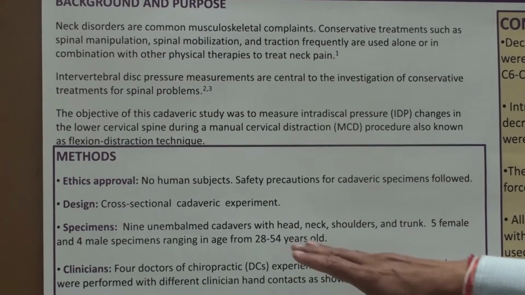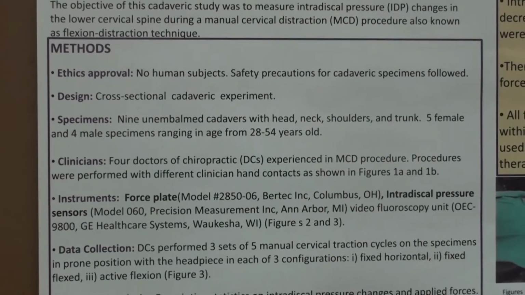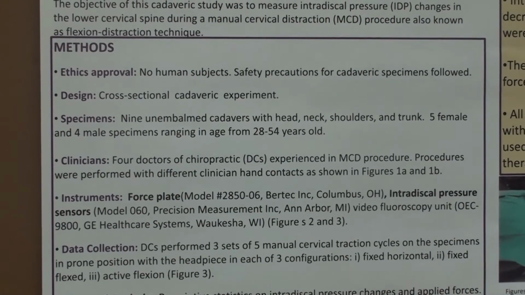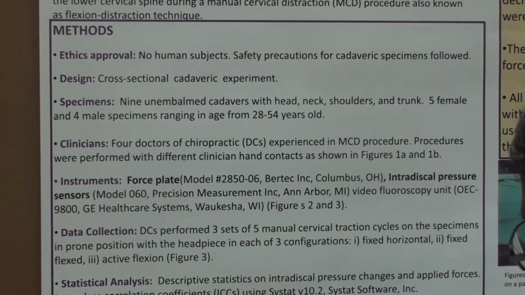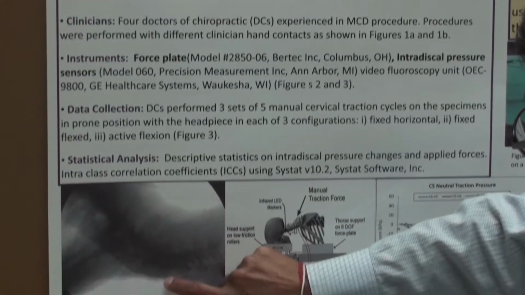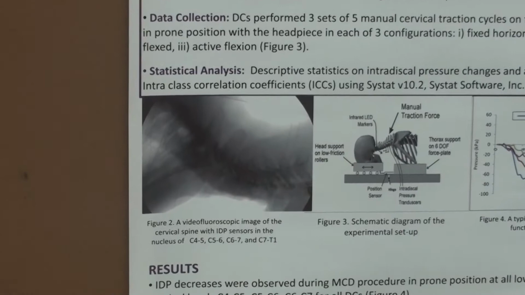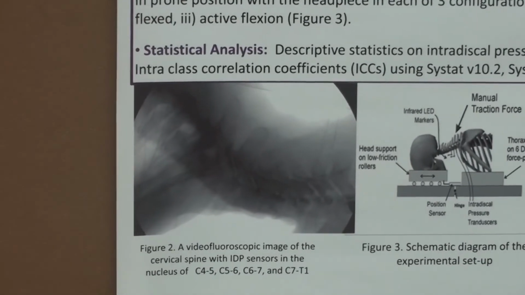We took 9 unembalmed cadavers with a head, neck, and trunk, and inserted pressure sensors into the C4-5, C5-6, C6-7, C7-T1 discs.